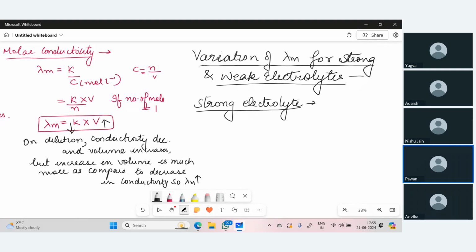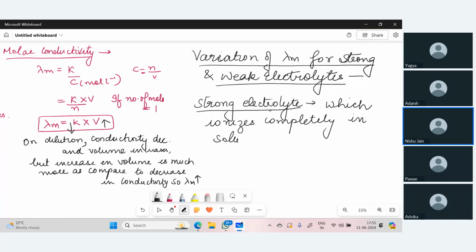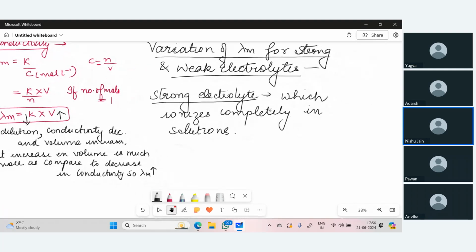Complete. That is the strong electrolyte, which is completely ionized in the solution. Strong electrolytes are those which ionize completely in solution. For example, all strong acids and bases, NaCl, KCl, these all are strong electrolytes.